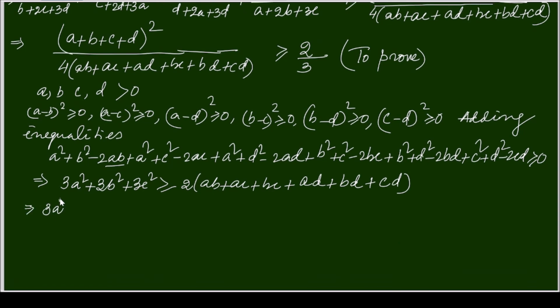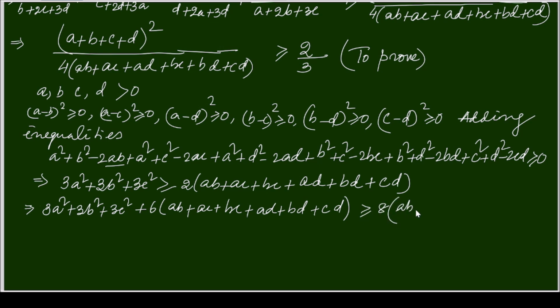So 3 times a square plus 3 times b square plus 3 times c square plus 3 times d square, plus 6 times ab plus ac plus bc plus ad plus bd plus cd, is greater than or equal to 8 times ab plus ac plus ad plus bc plus bd plus cd. Left side is nothing but 3 times, taking common, a plus b plus c plus d whole square.